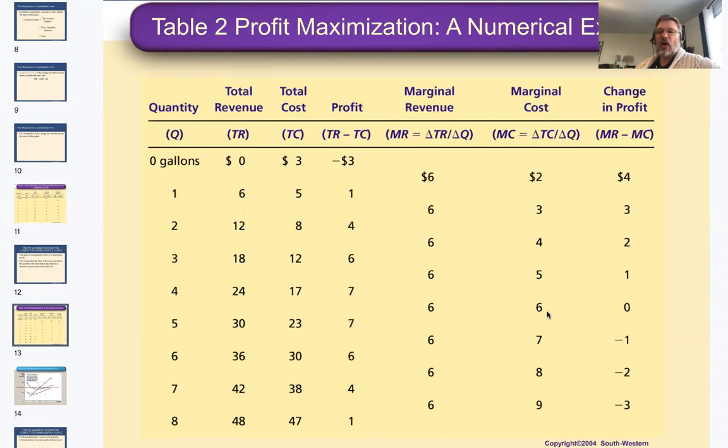And also the marginal cost, if you go from 4 to 5 units, going from 17 to 23, is a change of $6 of cost too. So marginal revenue is equal to marginal cost at the 5th unit, going from the 4th to the 5th unit. So this firm would choose to produce to maximize its profits where marginal cost is equal to marginal revenue, which means it would produce a total of 5 units. And notice that the change in profit then is 0. So that's what we're going to be looking for, where marginal revenue is equal to marginal cost, to identify the profit maximum of the firm.